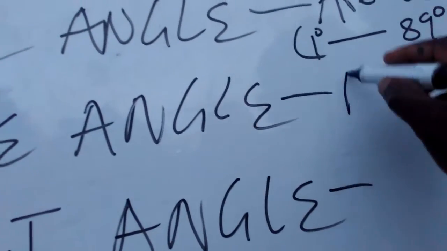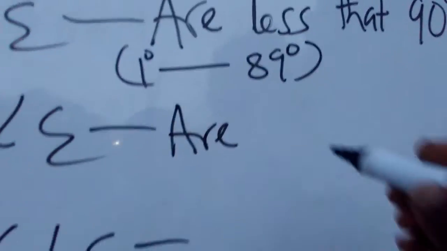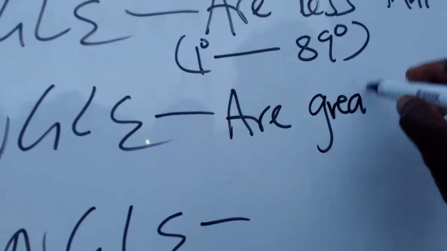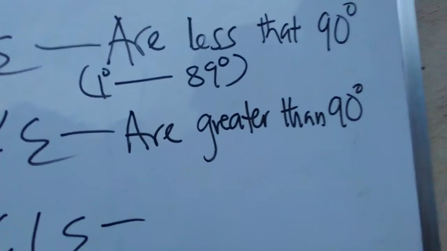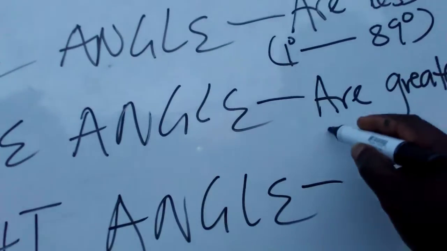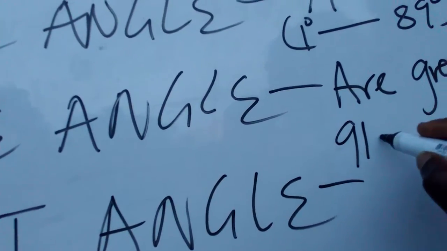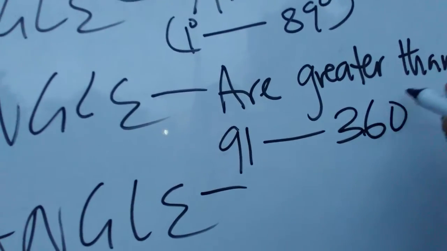The angles that are greater than 90 degrees are obtuse angles. It can be from 91 to 360 degrees.